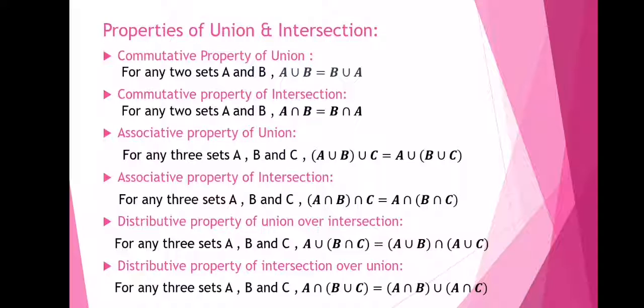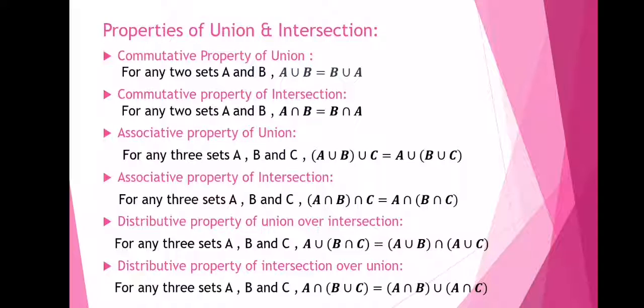So for any three sets A, B and C, A union B whole bracket union C indicates that we find the union of A and B first and then its answer with C. If we find the union of B and C on the right hand side, and with its answer we find the union with A, it won't affect the result. The left hand side will be equal to the right hand side.